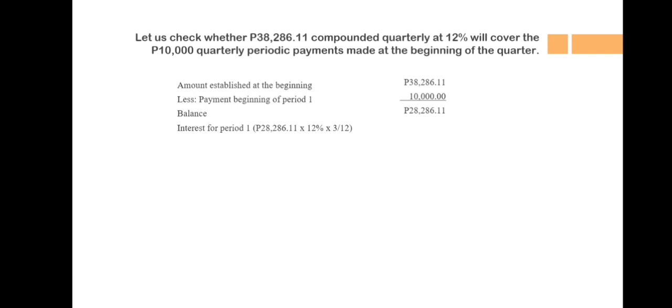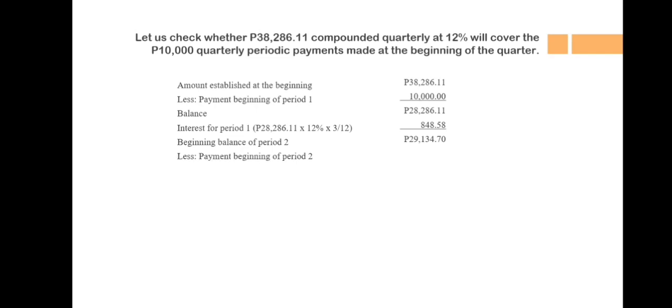So merong 28,286 pesos and 11 cents times 12% times 3 over 12, so is equal to 848.58. So yan yung interest natin, 848.58. So idagdag natin ito sa ating balance. Now we have 29,134 pesos and 70 cents.